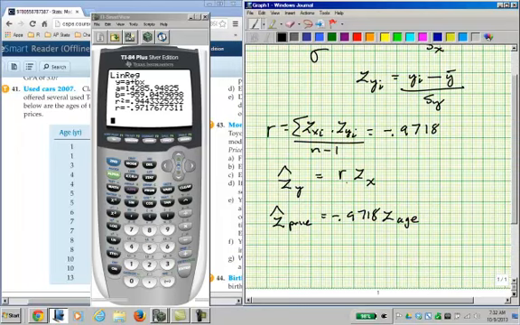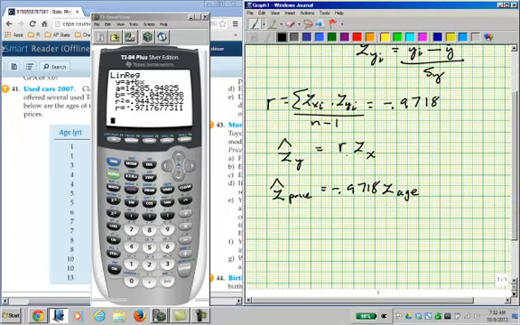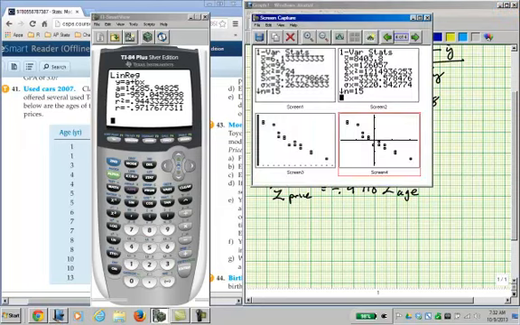Now, why is the y-intercept 0? Okay, well, let's look at the graph of the scatter plot. You can see right here, the line of best fit is going to go right through the origin, and that's because all the points are balanced around 0, 0.